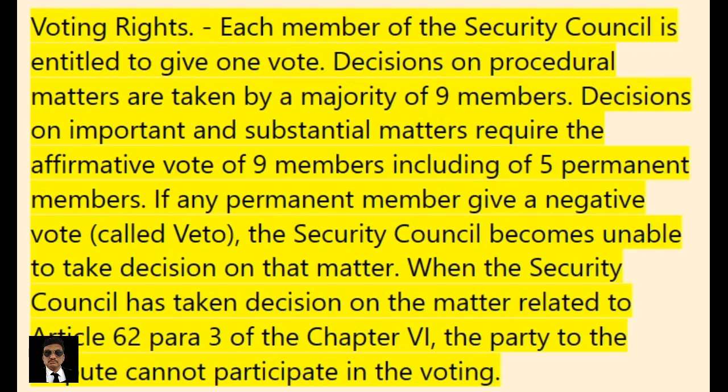If any permanent member gives a negative vote, called veto, the Security Council becomes unable to take a decision on that matter. When the Security Council takes a decision on a matter related to Article 62 Para 3 of Chapter 6, the party to the dispute cannot participate in the voting.